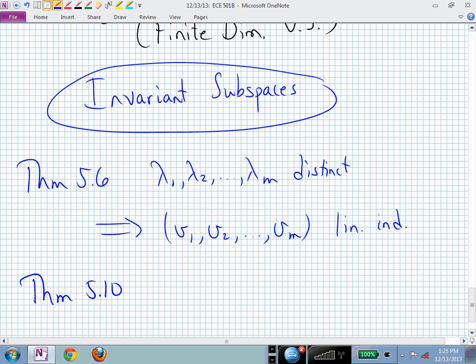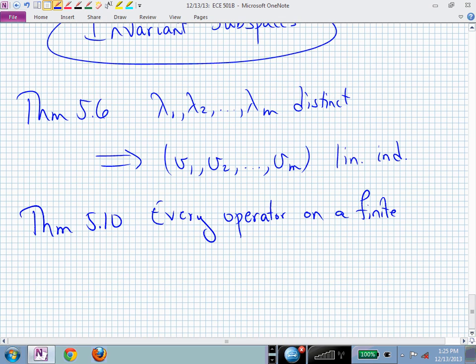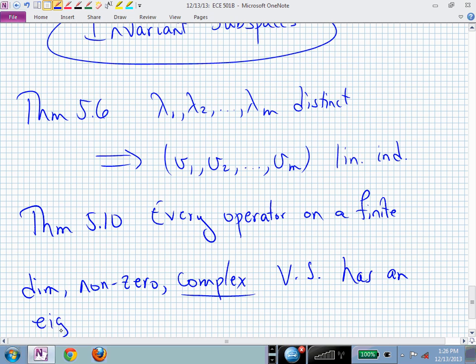Theorem 5.10, every operator on a finite dimensional, non-zero, all of these adjectives are important, but the main one is complex vector space, has an eigenvalue.